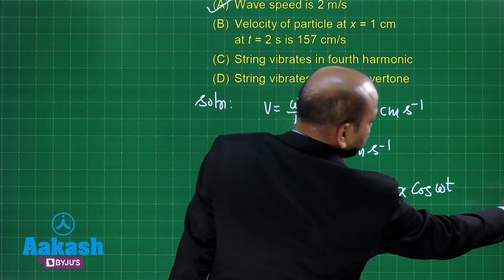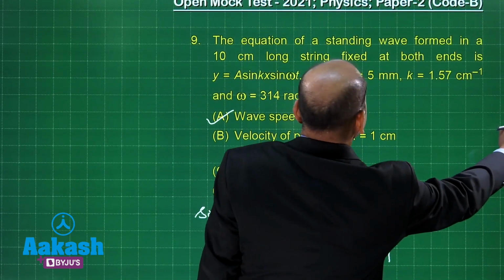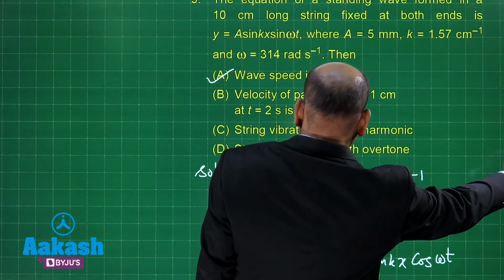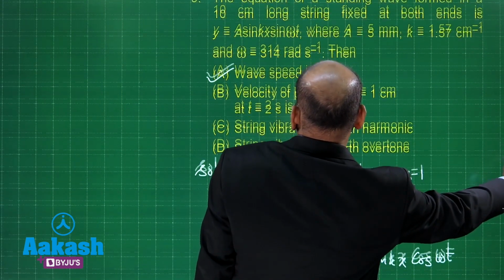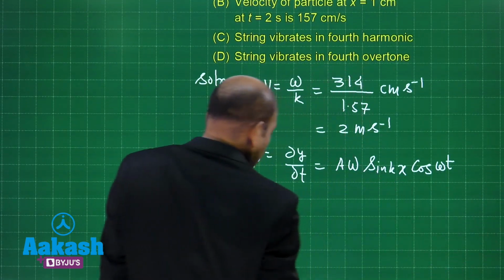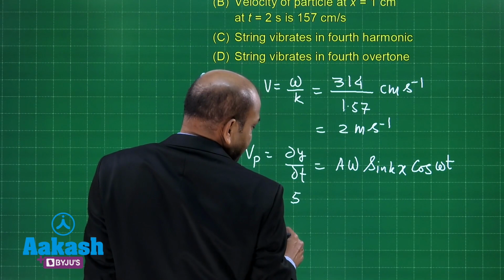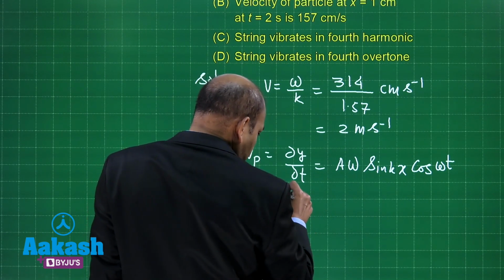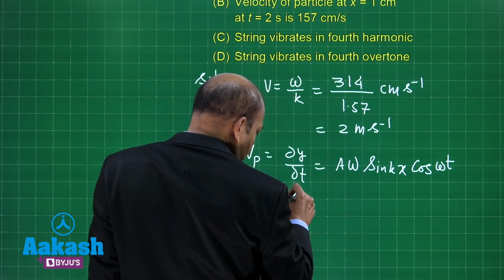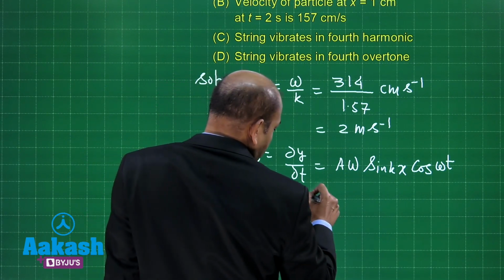The value of A is 5 millimeter, that means it is 0.5 centimeter. The omega is 314 radian per second.